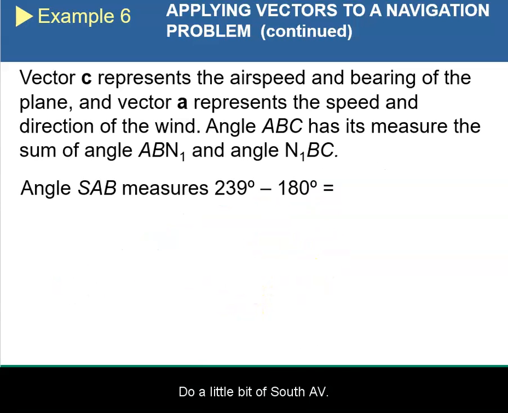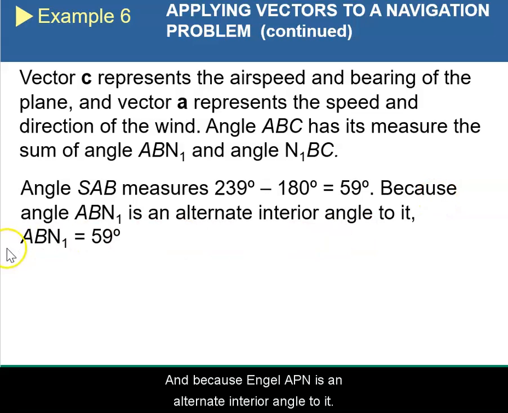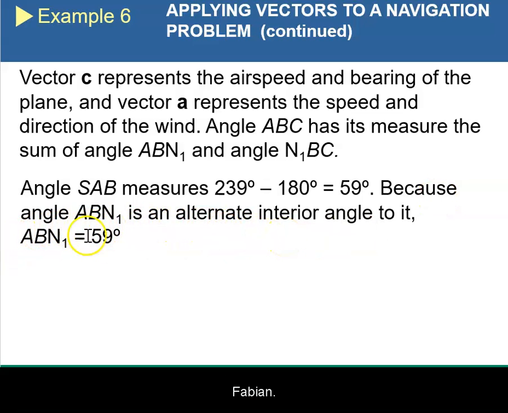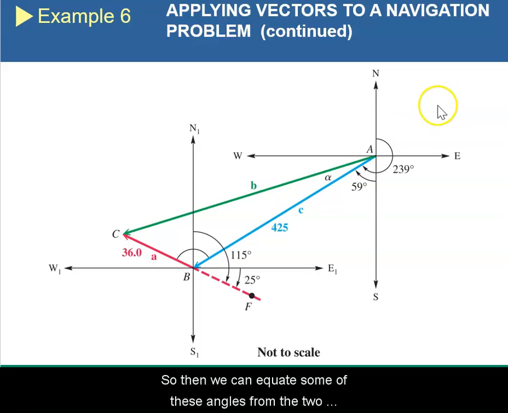Okay, so let's go through that a little bit. SAB is 239 minus 180, which is 59. And because angle ABN is an alternate interior angle to it, ABN is 59. So here you have two parallel lines and an intersecting line, so we can equate some of these angles.